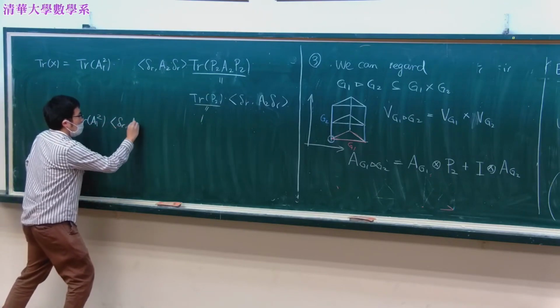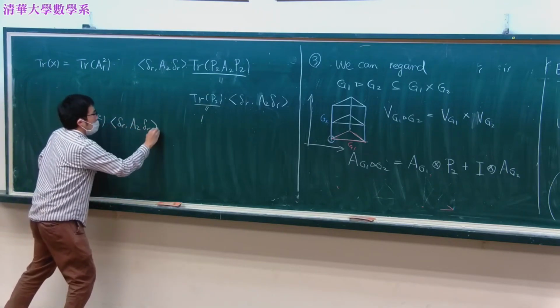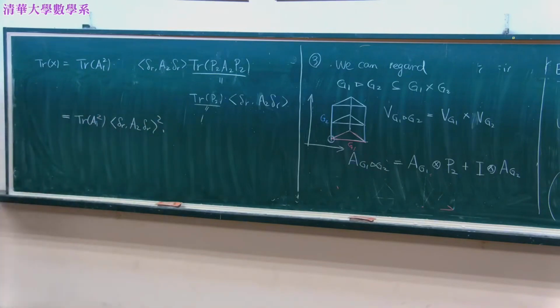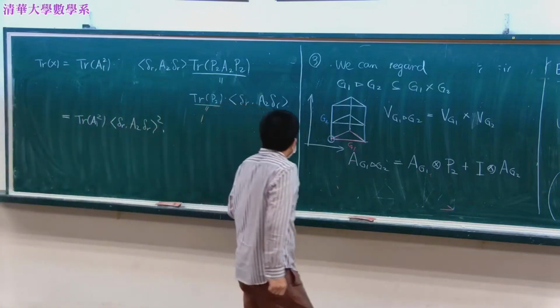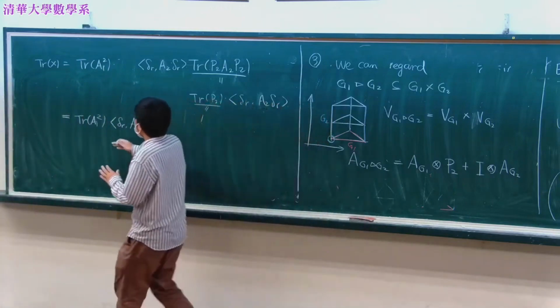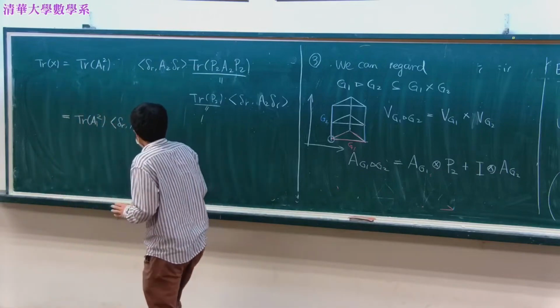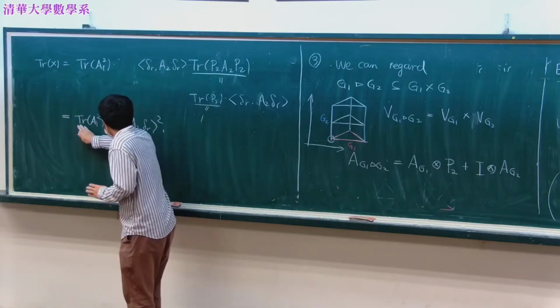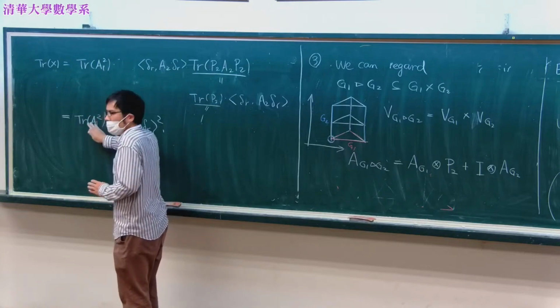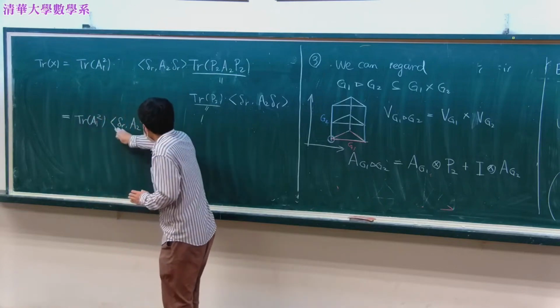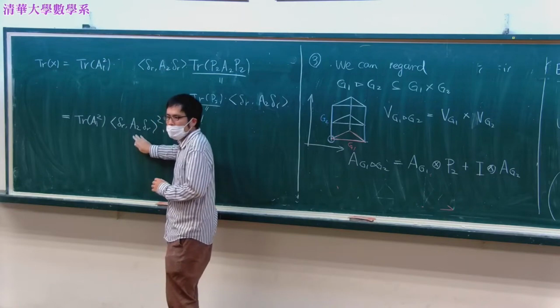So we arrive at trace A1 square times the inner product of delta root, A2 delta root square. Such a formula appears. You can see that in order to compute traces of the adjacency matrix, we need the trace of the first graph and a certain inner product for the second graph.